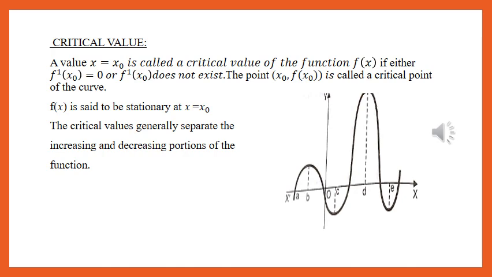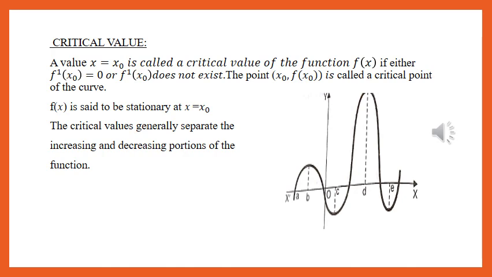Before that, we want to know about one important point, that is critical value. A point or a value x equal to x naught is called a critical value of the function f of x if either f dash x naught equal to 0 or f dash x naught doesn't exist. What do you mean by that?